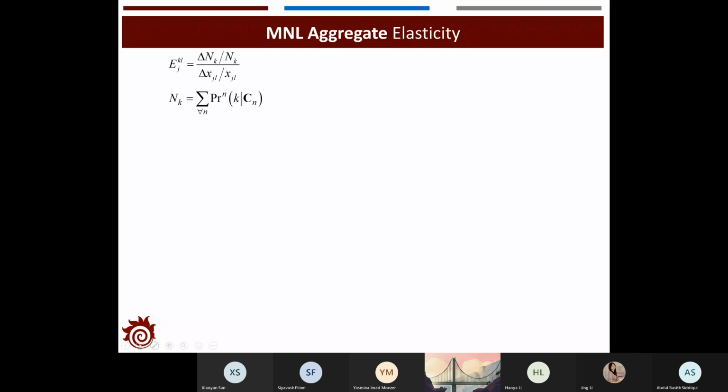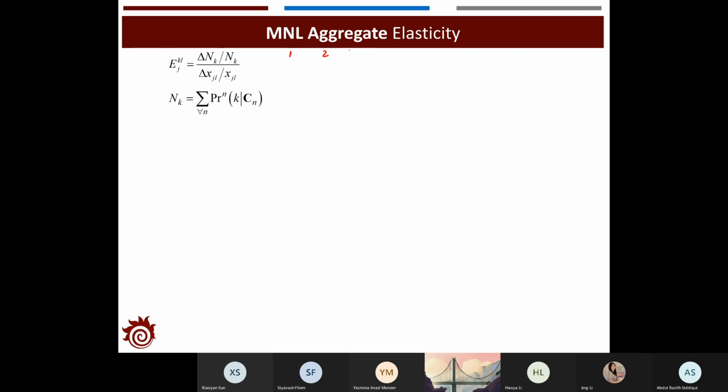First of all, the value of N_K, the number of individuals who are going to use the alternative K, can be the summation of the probabilities for all the individuals to use the alternative K. For individual 1 it's 0.1, for individual 2 it's 0.5, for individual 3 it's 0.4. Then sum them together, and that will be the expected number of trips taken by these three individuals.